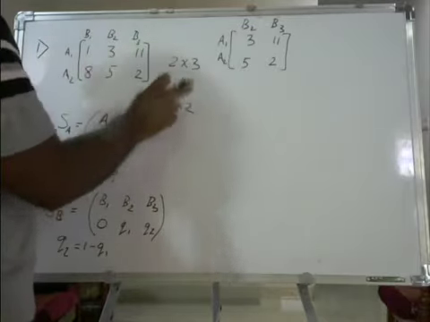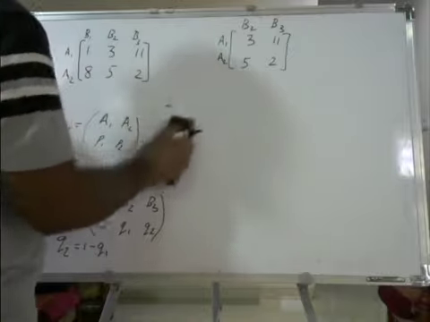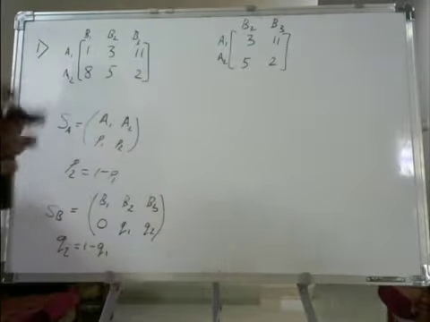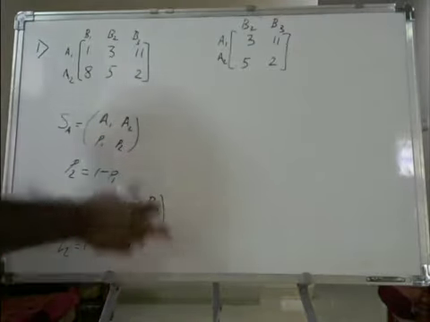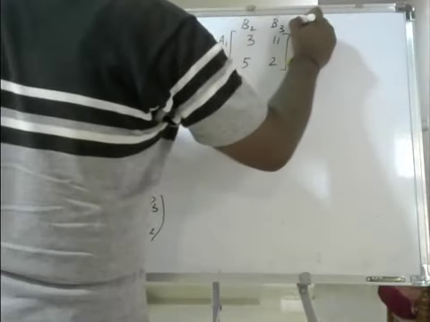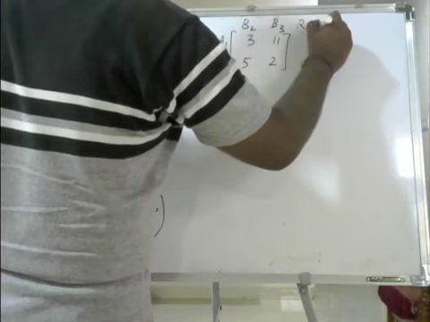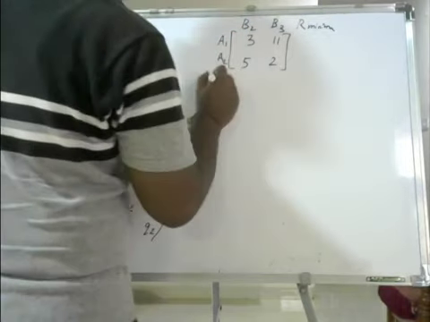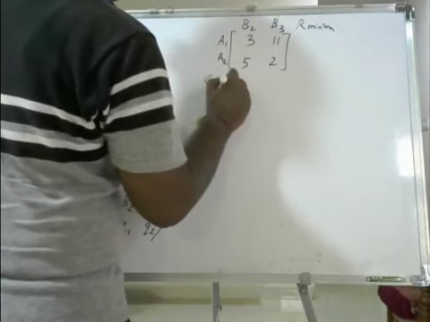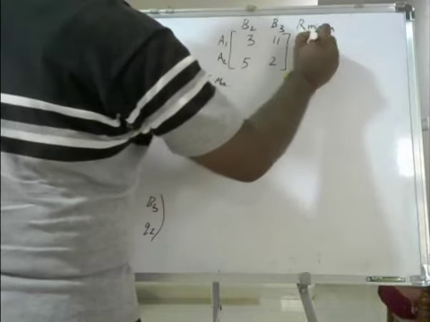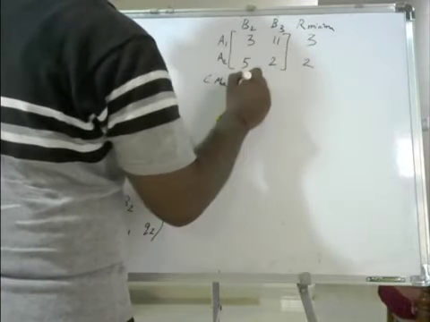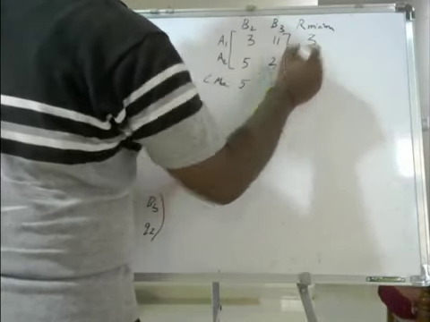Once we get the 2 by 2 matrix, we have to again check whether there is a saddle point. If there is a saddle point, we'll stop here. This is the row minima and this is the column maxima. The row minima are 3 and 2, and the column maxima are 5 and 11.